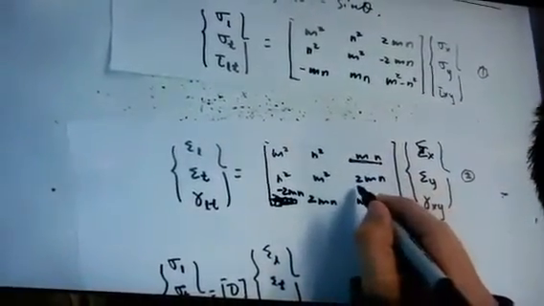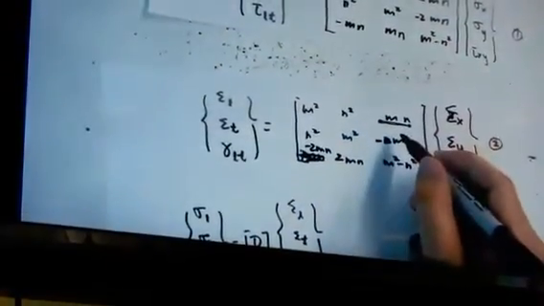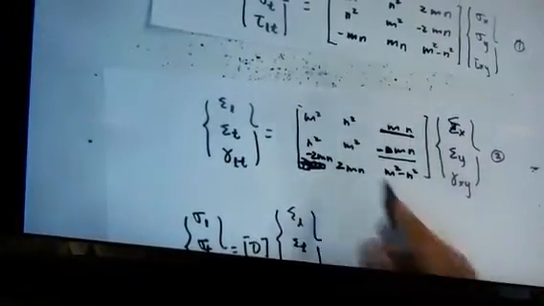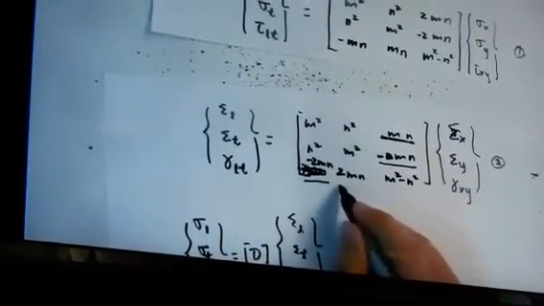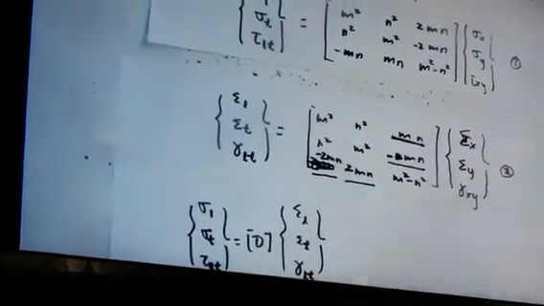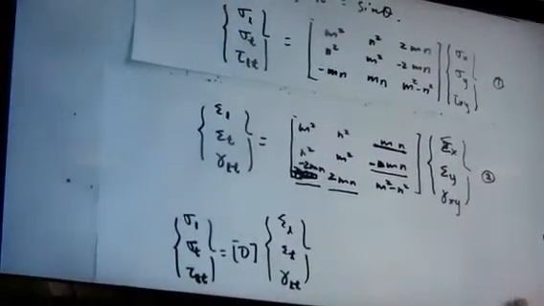I messed up this transformation equation, I'm sorry. They should be different. So this one should be mn, this one should be negative mn, this one should be negative 2mn, and this one should be positive 2mn. Yes, thank you. I messed up with the stress transformation equation. These two transformation matrices should be different.